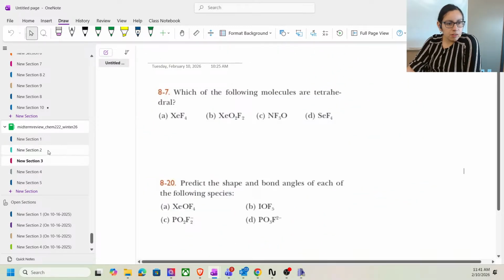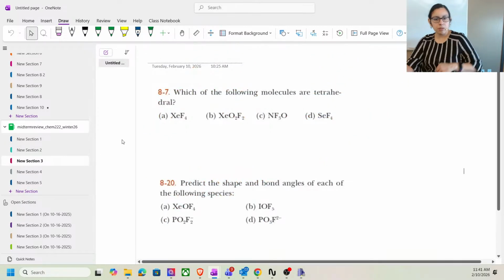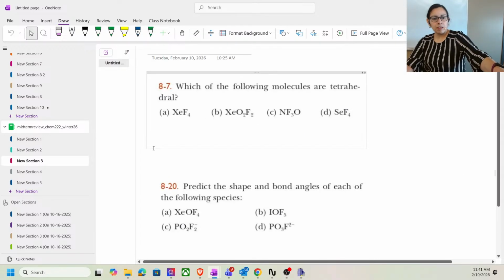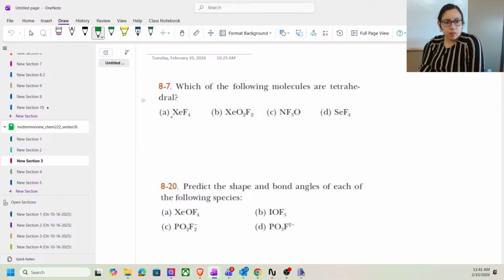All right, let's try, we'll go back and do some simpler review, starting with chapter 8. Which one of these are tetrahedral? Try to draw that out, and if they're not tetrahedral, what's the shape?